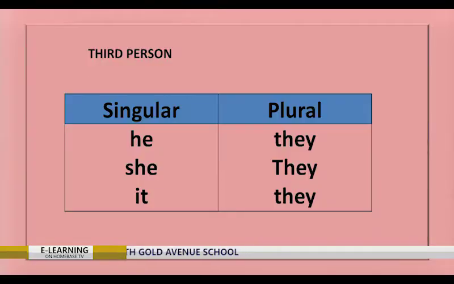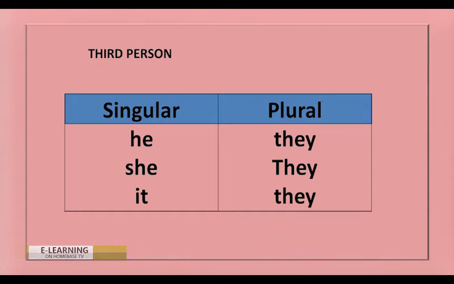We also have the third person pronoun. When we have he, she, it, all these are third person pronouns. That is the singular form. But then when we move on to the plural form, they change to become they. So for he, it still holds for they. She, it still holds for they. Then it still holds for what? They.